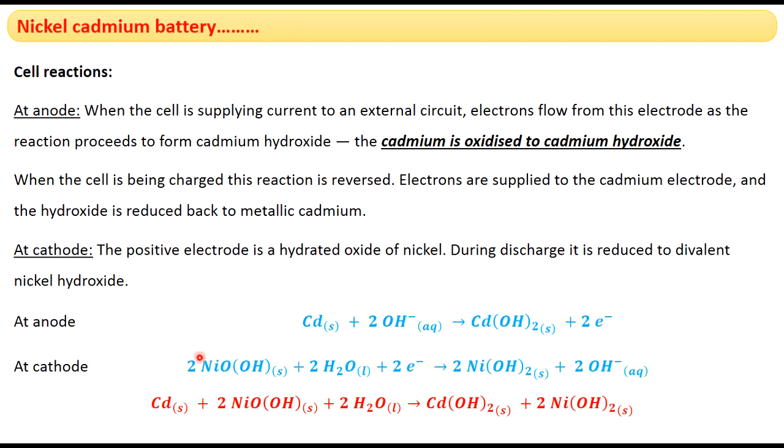This is the reaction occurring at the cathode, and the overall reaction will be cadmium solid plus 2 nickel oxyhydroxide plus 2 H2O gives rise to cadmium hydroxide plus 2 nickel hydroxide molecules. This is the overall reaction. These are the reactions occurring during discharging while using the battery. Once the battery is out of charge, it should be charged. During charging, the reactions occurring are the reverse of these reactions.